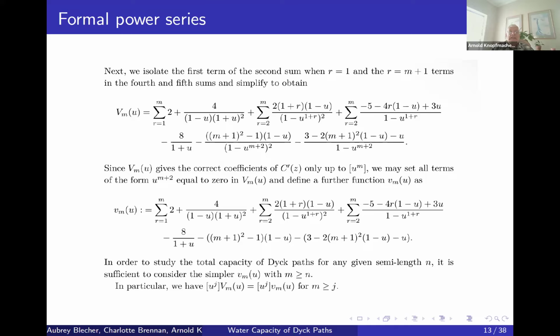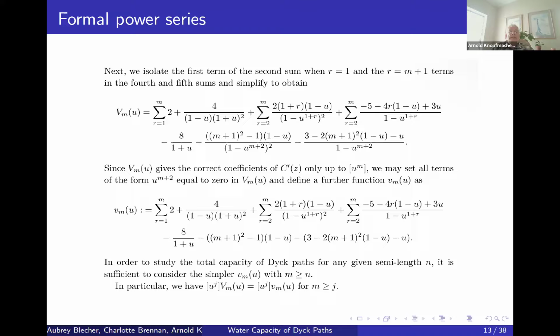In particular, the important part, as the bottom line says, is that if we only go for coefficients with index less than or equal to m, the little v_m has the right coefficients.